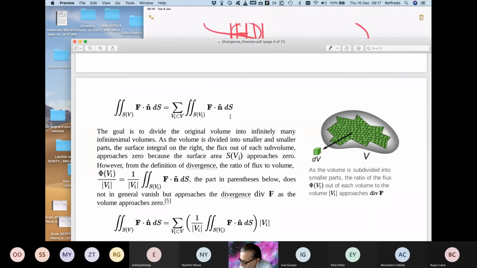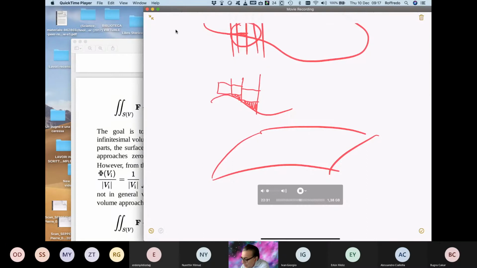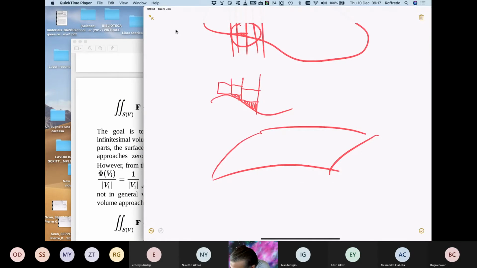You know, when you have a surface, now I try to switch to my drawing, even if it is horrible. What you do, you always approximate this surface with small squares.